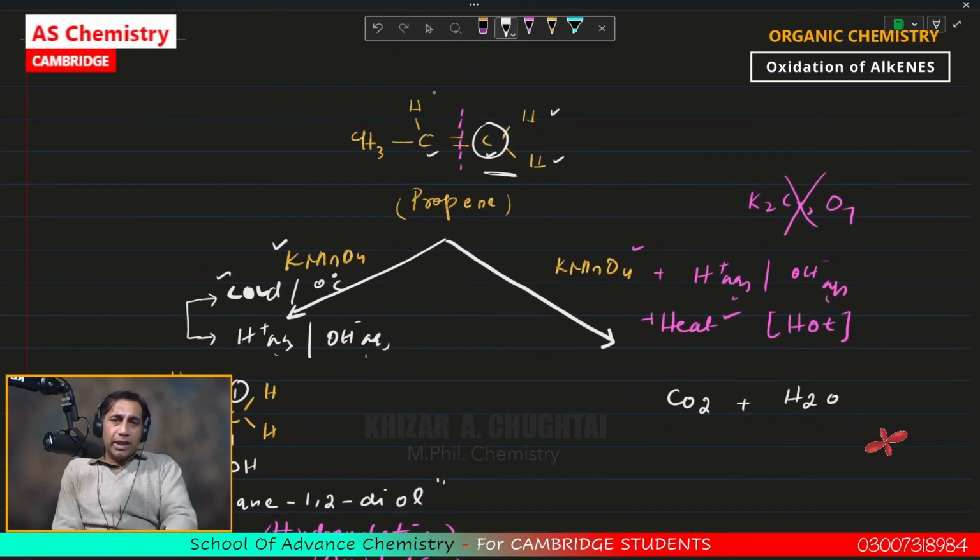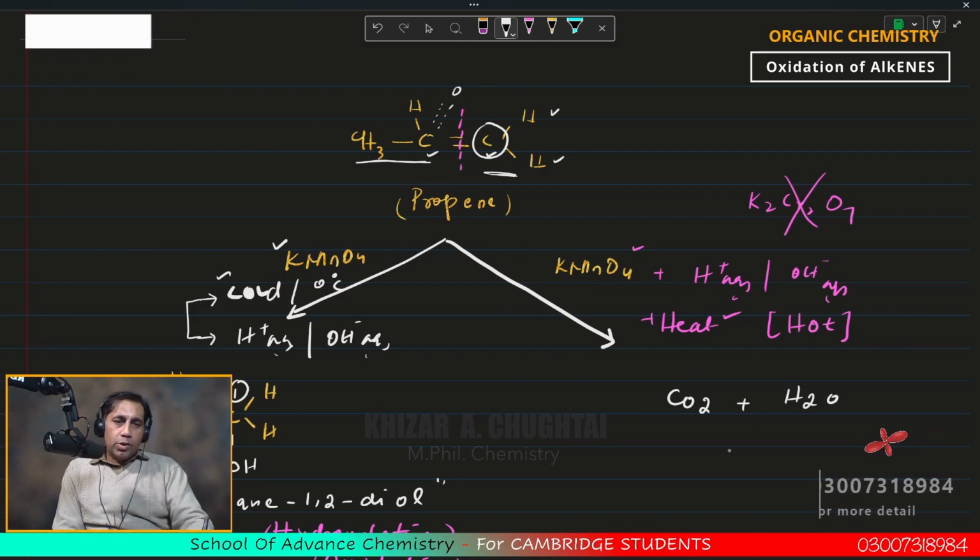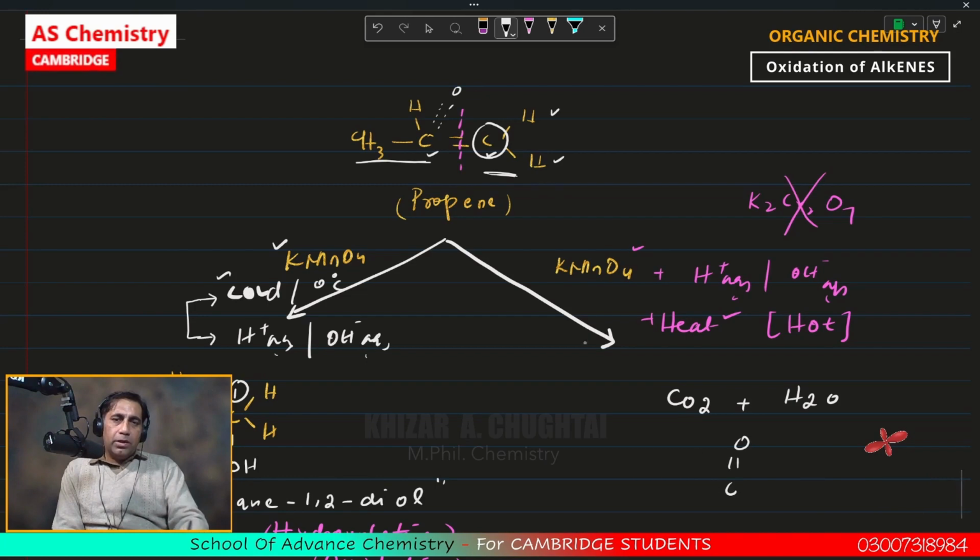The next thing is that if it has more than one carbon atom, then this carbon will have a double bond to O. So now I will introduce the double bond and O. What will be its formula? This C double bond O, with one methyl group and one hydrogen.